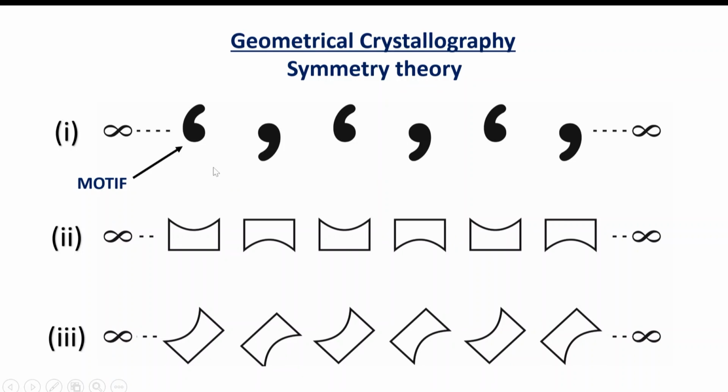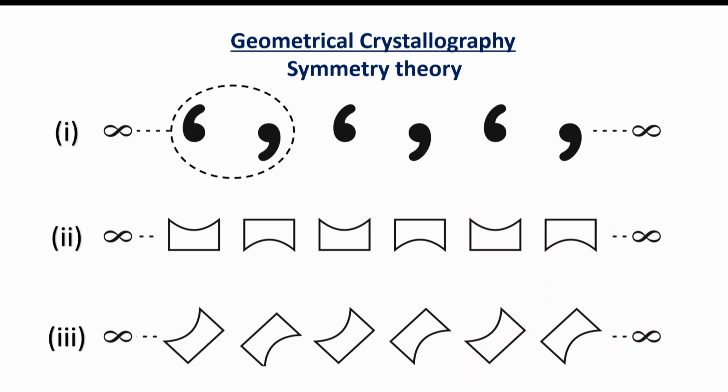Now I start looking at the symmetry that these individual chains or patterns possess: what kind of symmetry the first chain possesses, what kind the second one possesses, what kind the third one possesses. I can start with a stamp-like operation.